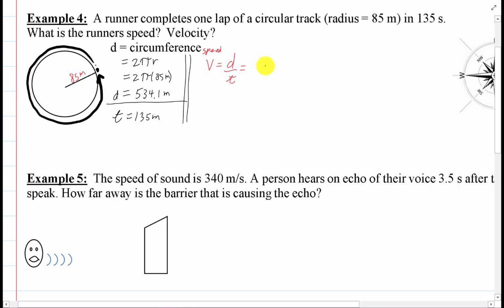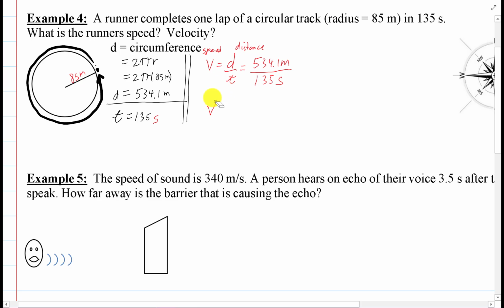So we have to put the distance in, and that distance is 534.1 meters. And the time is 135 seconds. Whoops, I got a wrong unit down there. Seconds. And then my calculations will give me the speed.